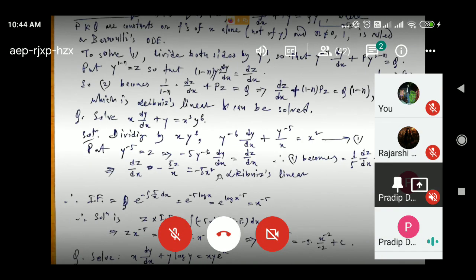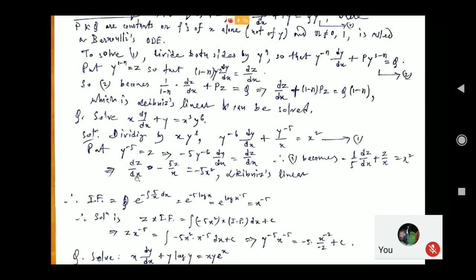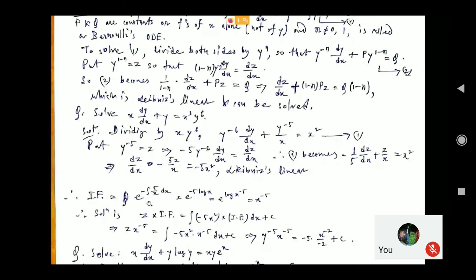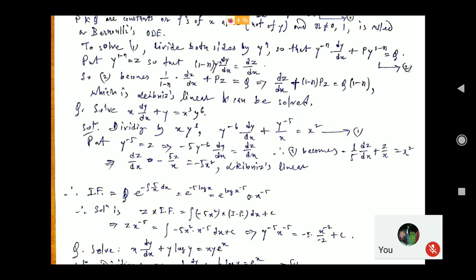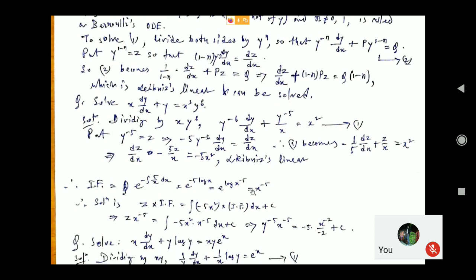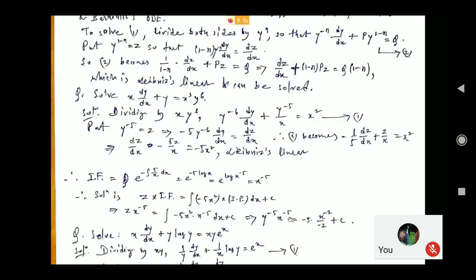And this form can again be simplified in this manner to put it in Leibniz linear form. So if it is in Leibniz form, then we know the integrating factor is e to the power integral of P dx. So we have got the integrating factor as e to the power x to the power minus 5. Therefore, we have got the solution.